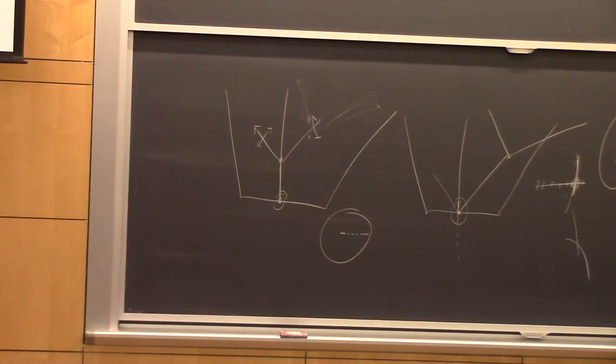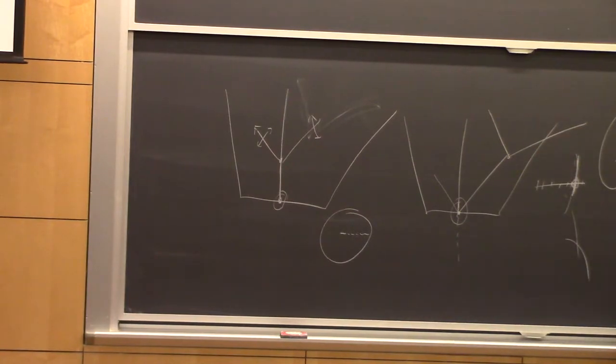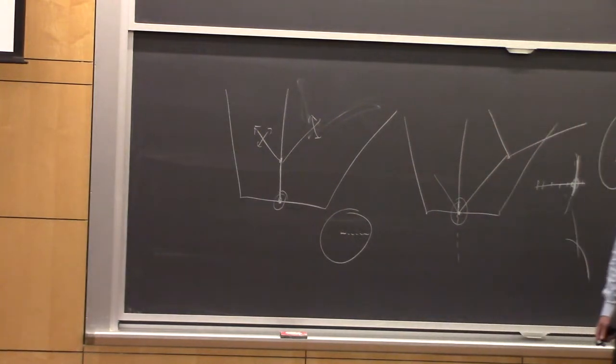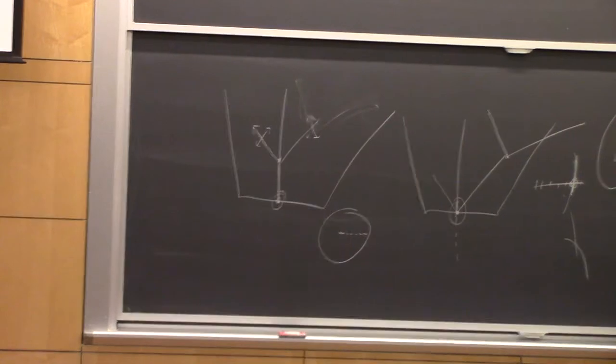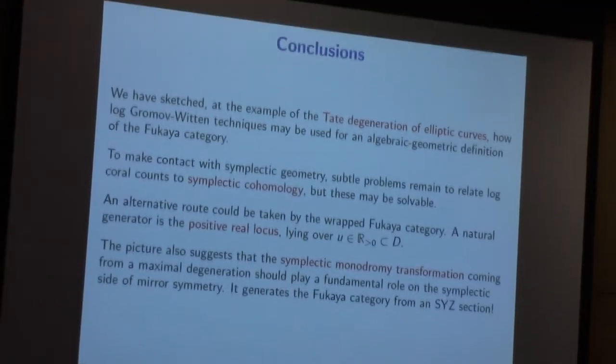And one thing I've been advertising to symplectic geometers for some time, not sure if my suggestions have been heard so far. I believe, and maybe in the work of Nick Sheridan it already appears in some way, that this symplectic monodromy transformation near the maximal degeneration point is very important information in the mirror symmetry story.